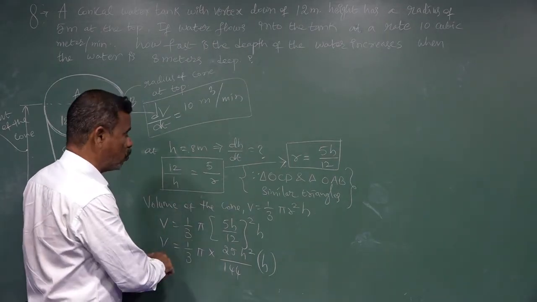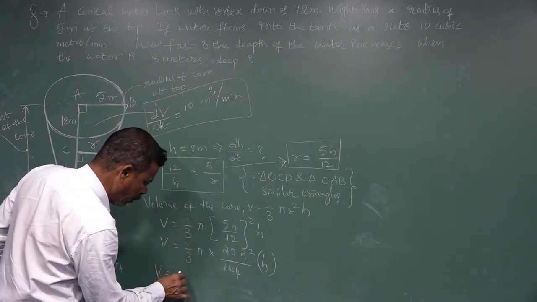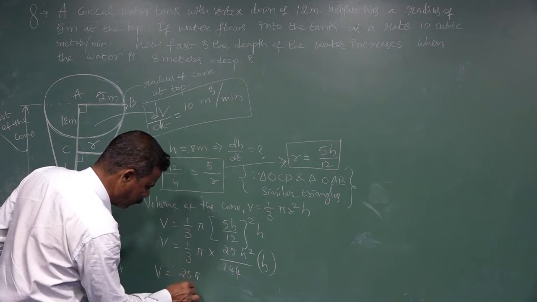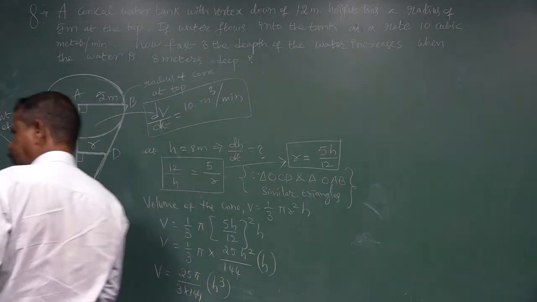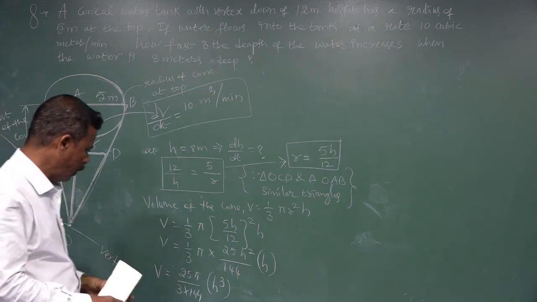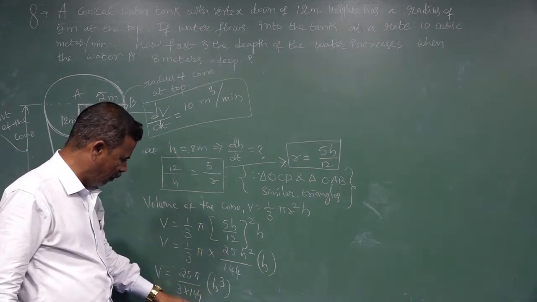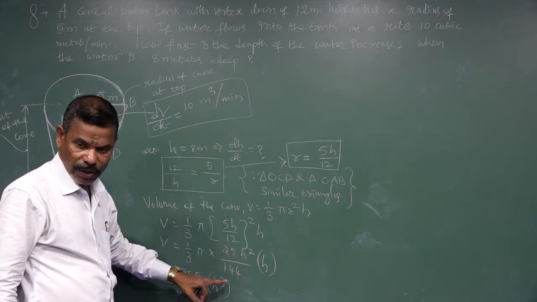Finally, the volume V is equal to 5 by 3 into 144 times h cube. Here 25 by 144 is the constant, and h square into h gives h cube.